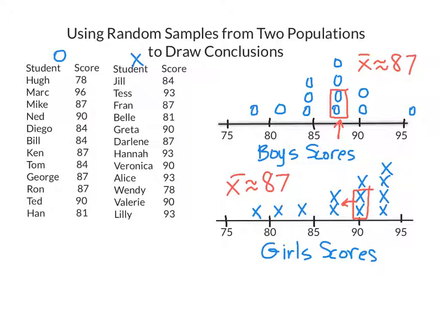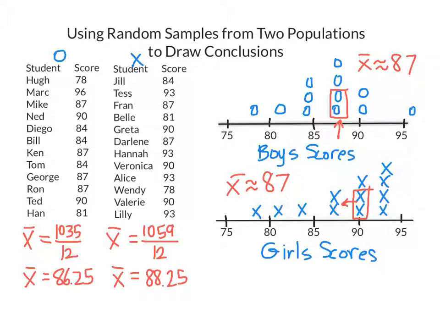So now let's go ahead and find the actual means so we can see how close we got. We can see we were close, but not exact. The boys were a little bit lower than 87, 0.25 lower. Even though we estimated 87, it came out to be exactly 86.25.